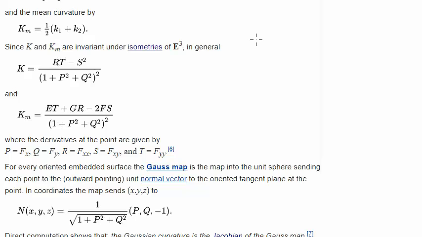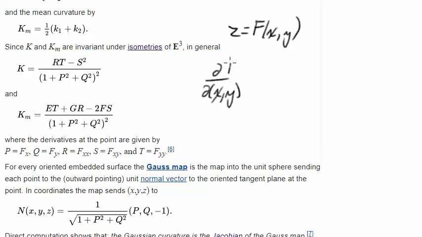But what I did was I figured out a way of getting this p and q: we take f of x comma y, which is our z, and figure out del x comma y of f, and it comes out to be del f del x and del f del y.